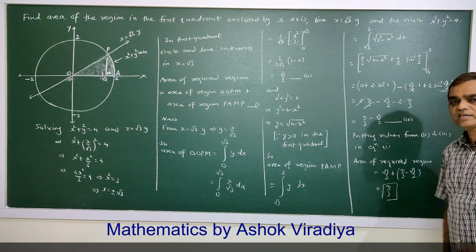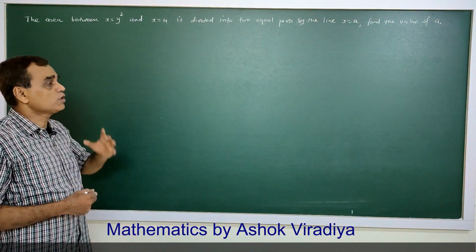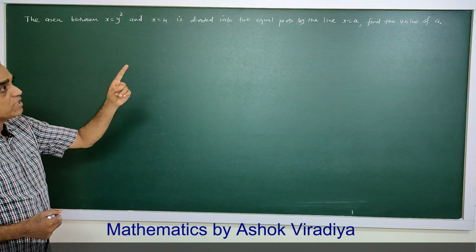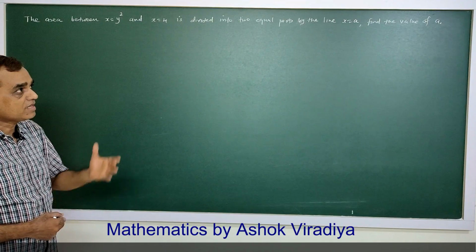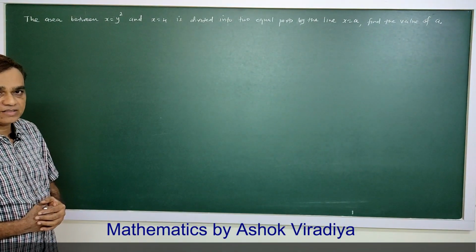This is the required area. The area between x equal to y square and x equal to 4 is divided into two equal parts by the line x equal to a. Find the value of a.